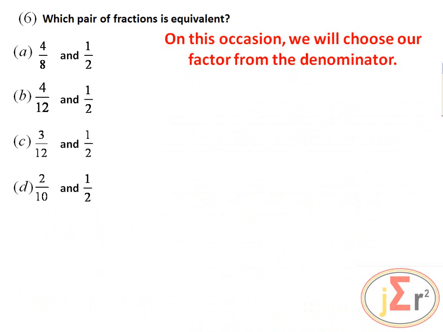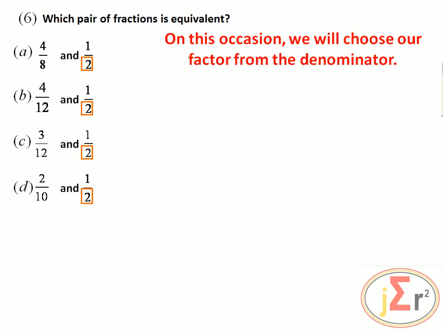On this occasion, we will choose our factor from the denominator. Right, our factor will come from the denominator on this occasion. So there we have our denominators, and our denominators are equal to 2. Well, Jerry, if you cannot answer this question, you cannot survive.